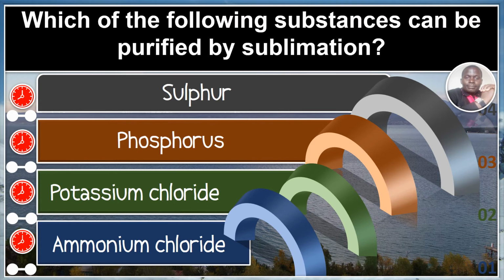Which of the following substances can be purified by sublimation? Aluminium chloride.